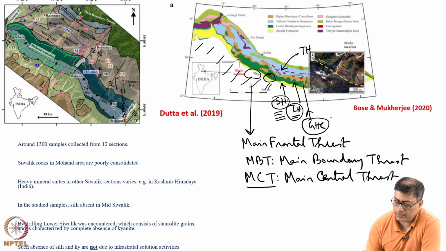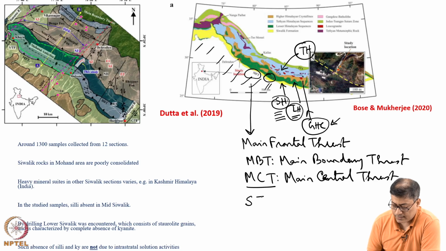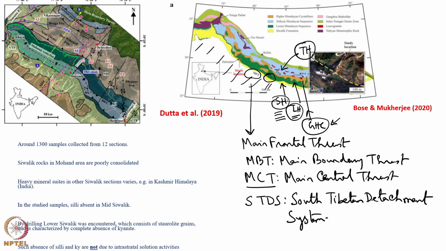The contact between the greater Himalayan crystallines and the Tethyan Himalaya has the name South Tibetan Detachment System. In the research paper dealing with the heavy mineral stratigraphy, I am going to focus on this Dehradun and southwest of it within this narrow region.